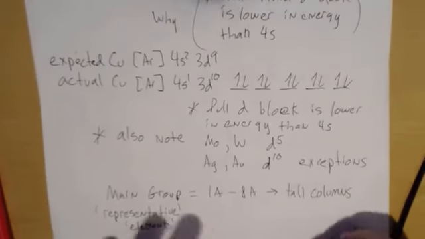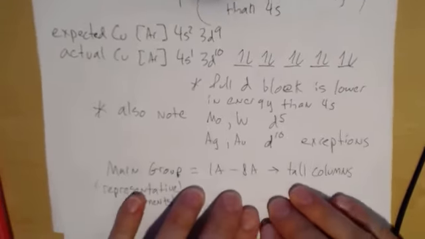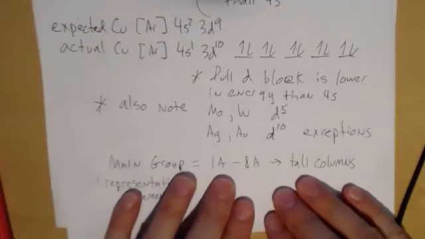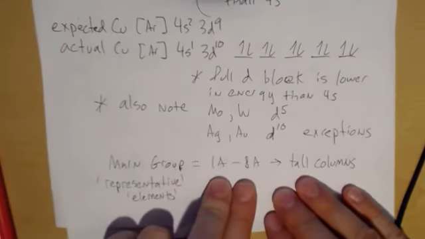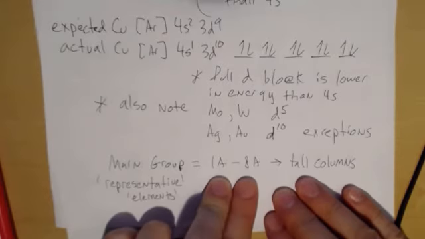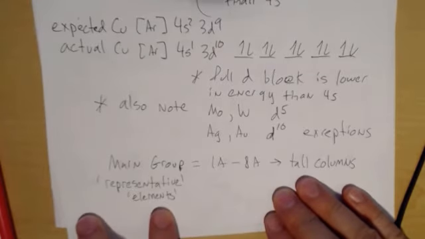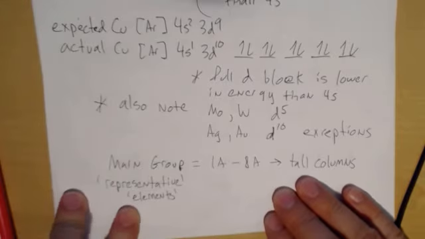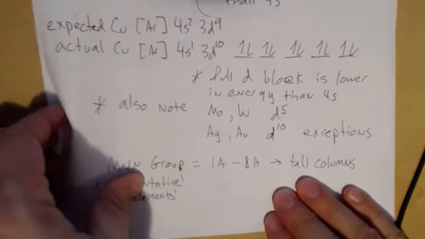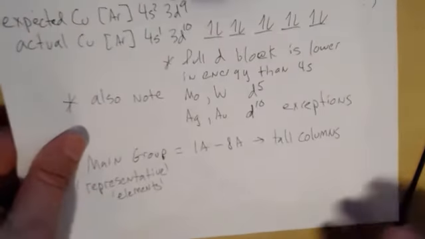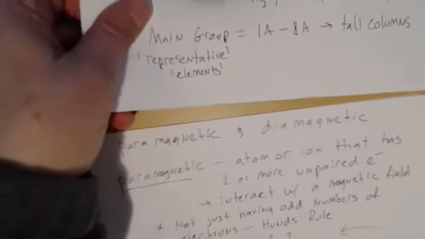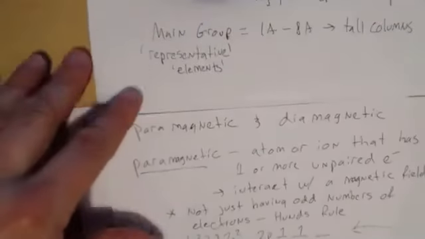So for answering some more orbital filling patterns, we remind ourselves that main group elements are the groups 1A to 8A, the tall columns. They can also be called representative elements. It's just an older name for them. Okay.